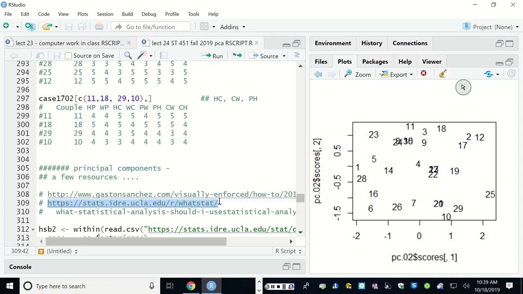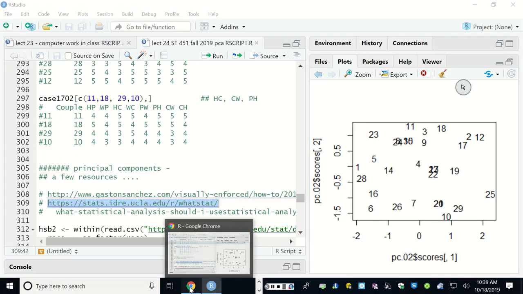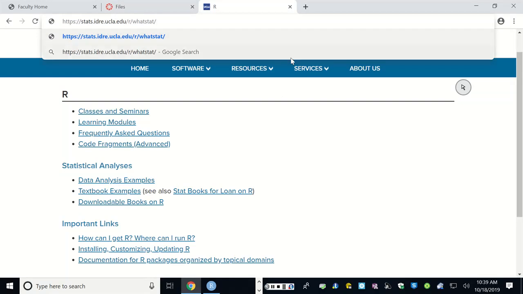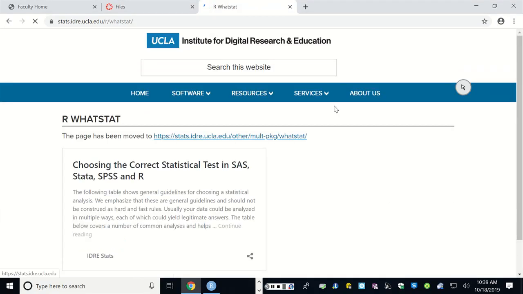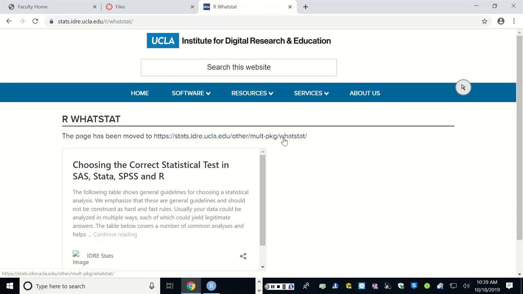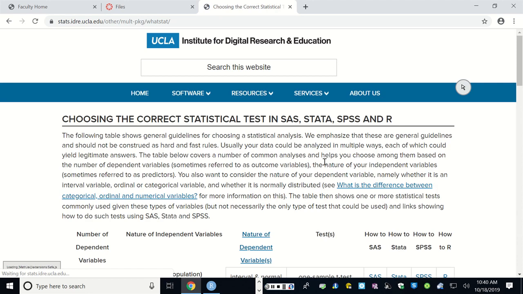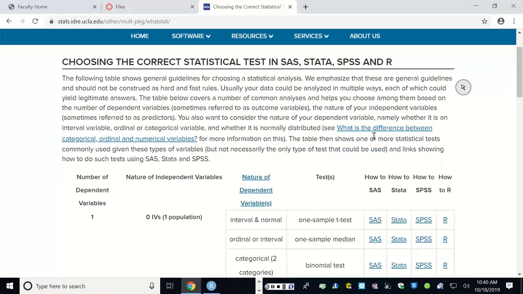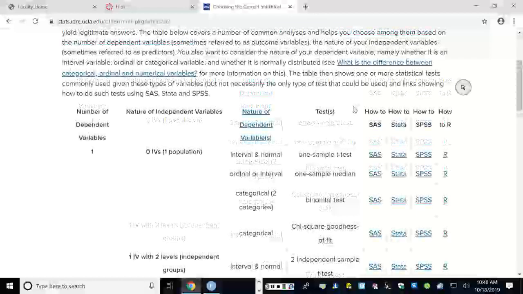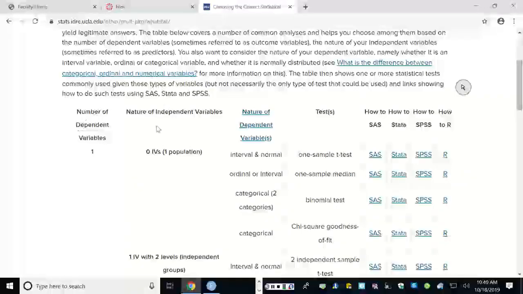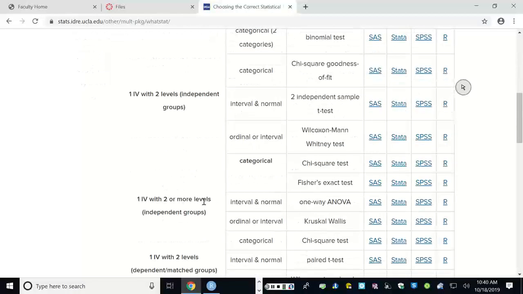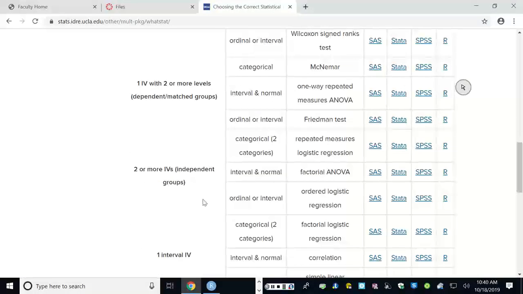And there was this particular one, if I can, I have to get that part. Does that come up with anything? It has a site here, I guess it's changed. Choosing the correct statistical test in SAS, SPSS, R. It gives a little chart that does these different things.